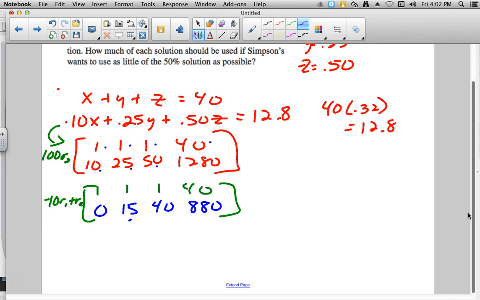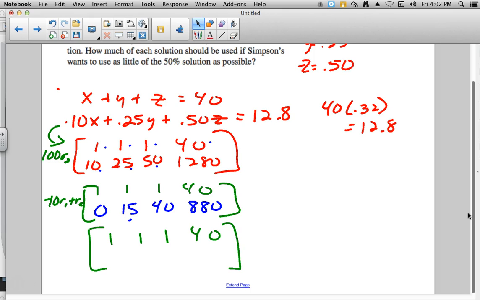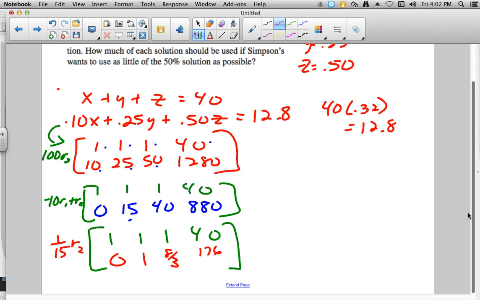Well, to do that, I'm going to leave that top row exactly the same. I'm not going to do anything weird with it. But with the bottom row, I really have to divide everything by 15. So I'm going to need to take 1/15 of row 2. So that'll give me 0, 1, 2 2/3, which is 8/3, and 58 2/3, which is 176/3.